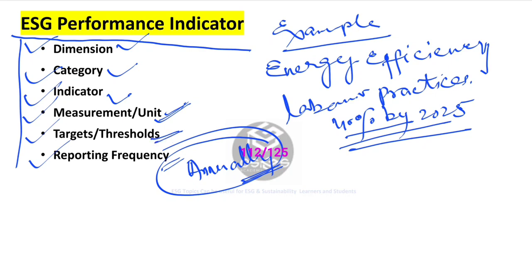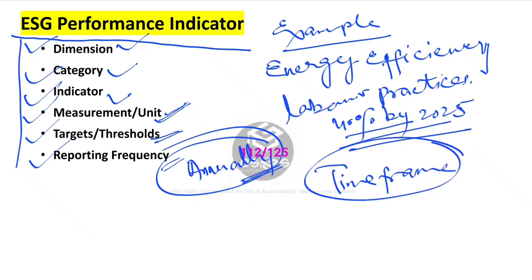Then targets and thresholds. In this we set goals or benchmarks to achieve within a specific time frame. Okay, then reporting frequency indicates how often the data on each indicator is collected and reported. So examples were annually and quarterly.